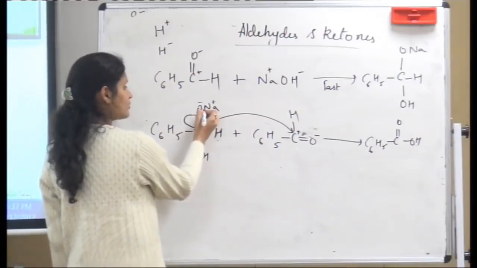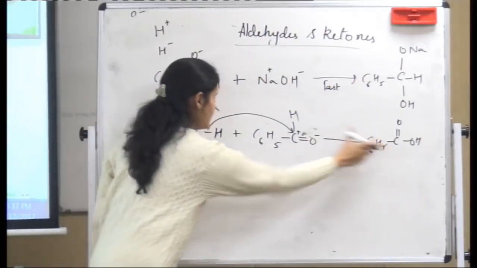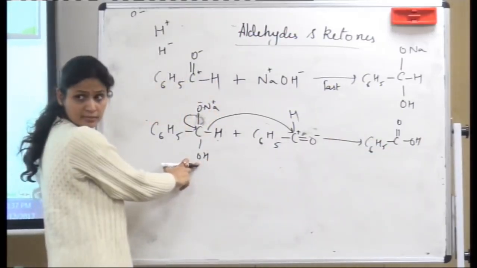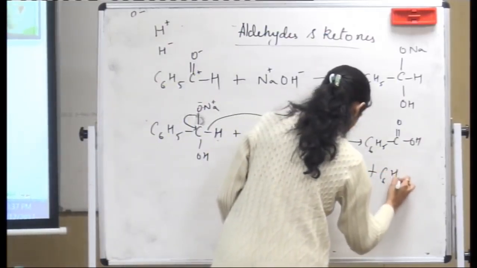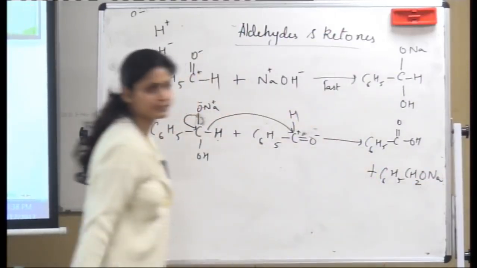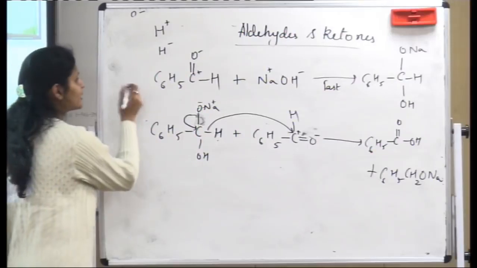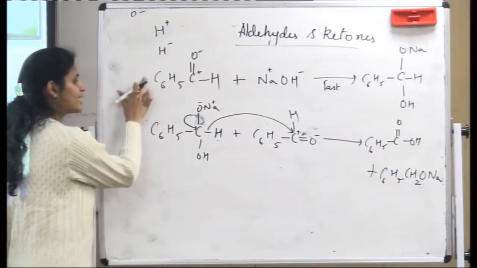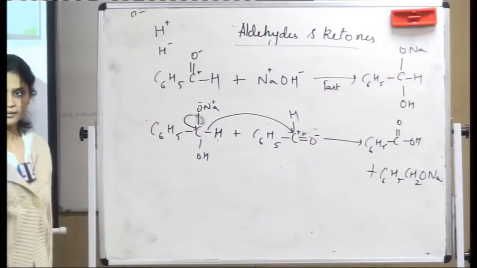So what will you get? C6H5 C double bond O, right? And OH, and this product is getting formed into C6H5CH2ONa. I'm considering here that I was starting with both the starting molecules as benzaldehyde, right?